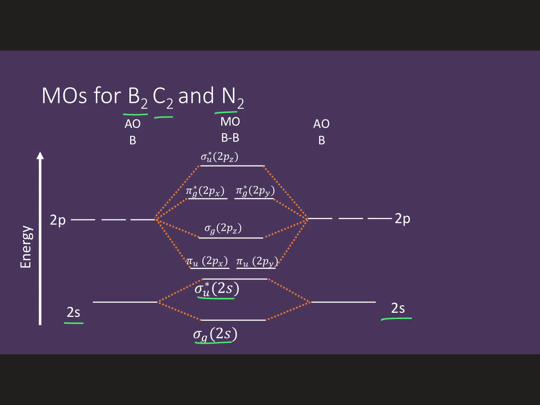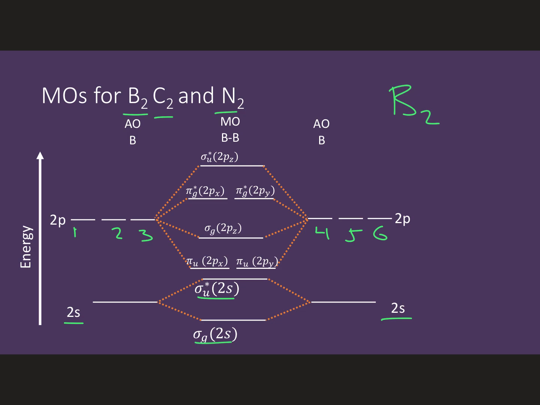But with the p, there's a lot more going on here. Why? Well, I have a total of 1, 2, 3, 4, 5, 6 p orbitals in my example here. So maybe we're thinking about boron dimer. We want to know, is this an actual stable molecule that we could look at?